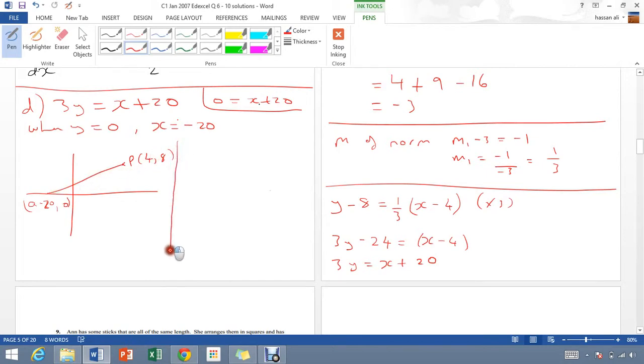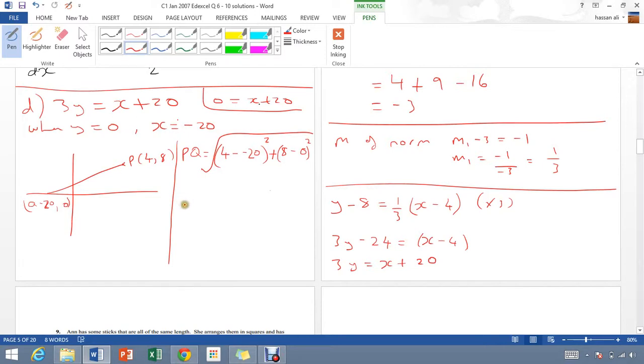Now the way we do it is that we just take away our coordinates. So the length PQ will equal 4, which is the x coordinate here, minus minus 20, squared, added to 8 minus 0, because that's your y coordinate there, squared, and then we square root all of that.